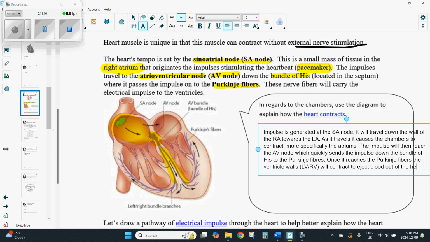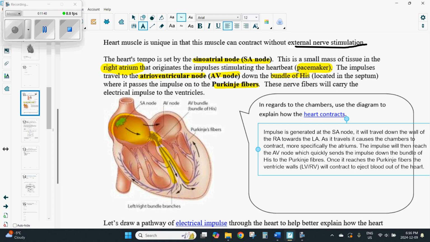Now, the atriums are receiving the blood, whether from the body or the lungs. But when the atriums contract, they push the blood down into the ventricles.